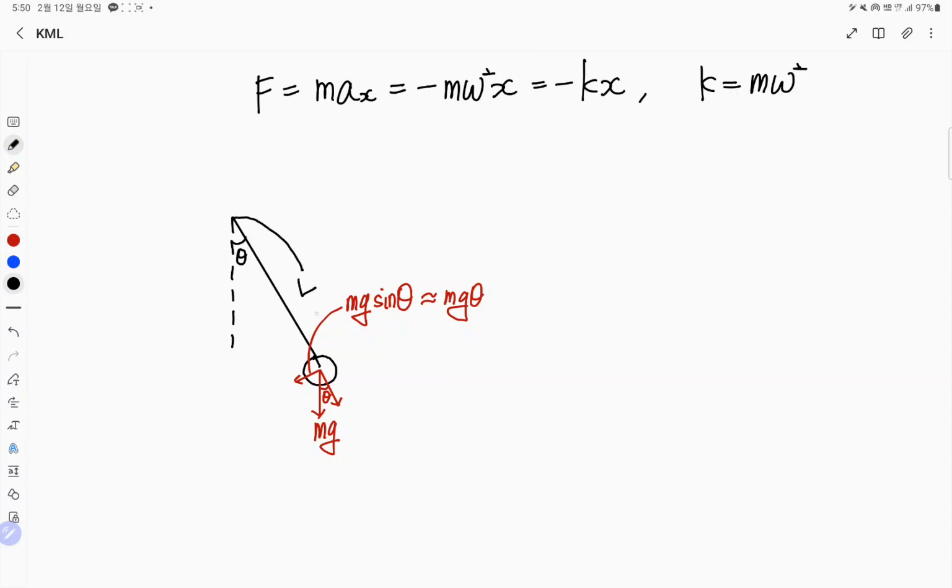And the length of the pendulum string is L, and the arc length is S. For the restoring force, once again, the restoring force is proportional to the displacement.